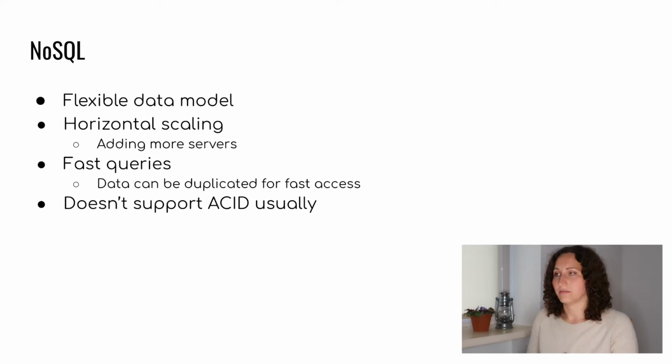And the consequence of such data storage is, of course, that NoSQL databases usually don't support ACID properties because, again, your data is duplicated. There is some place where you store up-to-date information, but copies of this information can be updated more rarely, and of course sometimes they can store out-of-date information.